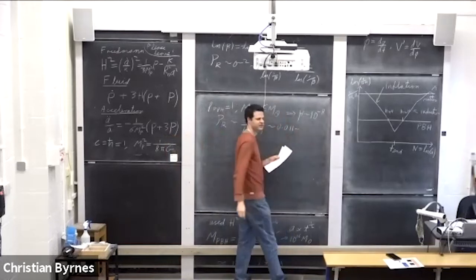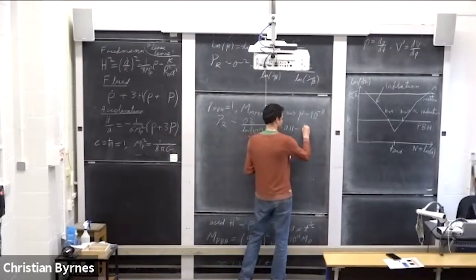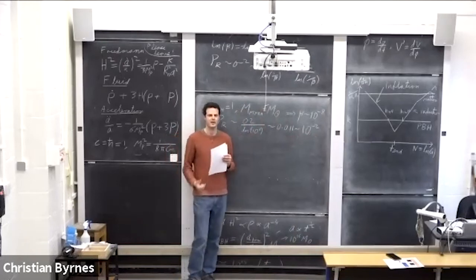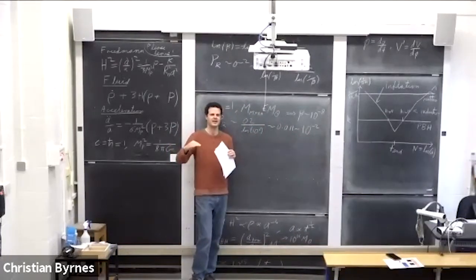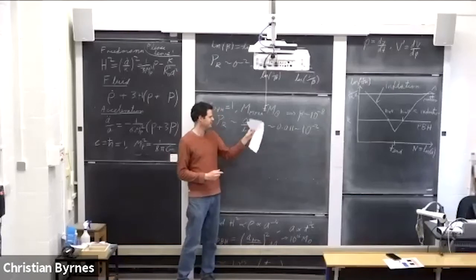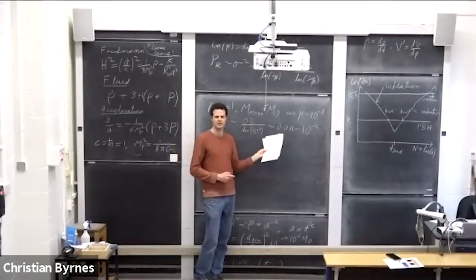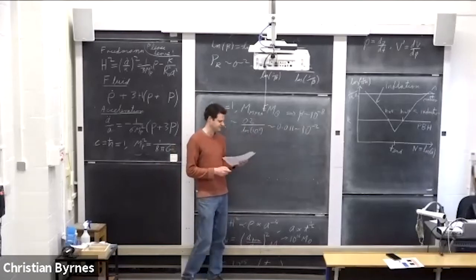So here finally we've got an estimate. It's of order 10 to the minus 2. Okay. So the power spectrum needs to grow from 10 to the minus 9 on CMB scales right up to 10 to the minus 2 on the relevant scale for primordial black hole formation, at least for the solar mass.